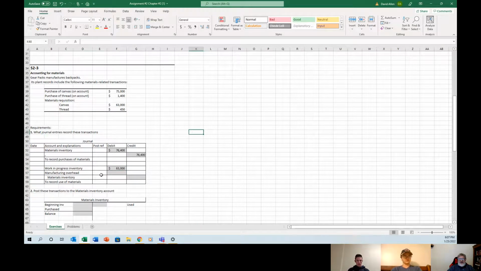And for overhead, we're going to count this $450 worth of thread. The reason for that is somebody may have come to me, let's say they're big spools of thread, and they're $45 a spool, and somebody came in and requisitioned 10 of them. The only reason they requisitioned 10 of them is because they had 10 empty spots on their machines.